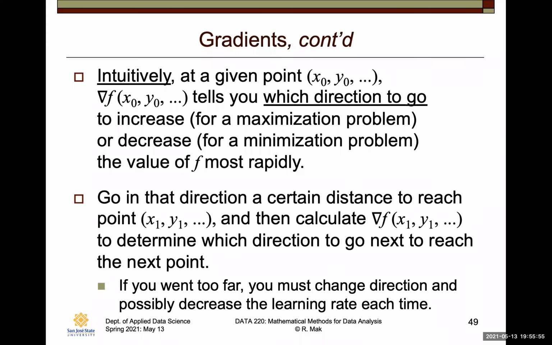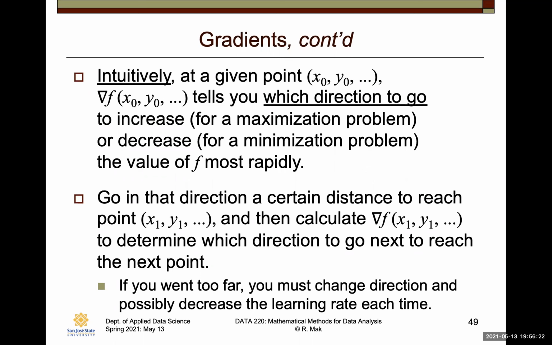Now that I'm at this new spot, is the function greater than it was at the previous spot? If so, then you are going in the right direction, and you look at the del again, and that will tell you, from this second spot, which direction you should go again to get the steepest ascent.